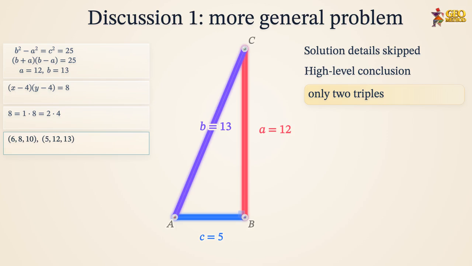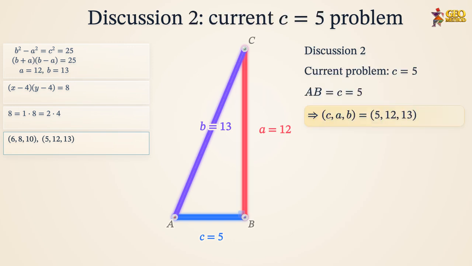The conclusion of the general problem is very small. Up to swapping the legs, there are only two such integer right triangles. Those two triangles are 6, 8, 10, and 5, 12, 13. That is the only information from the more general solution that we need for this discussion.